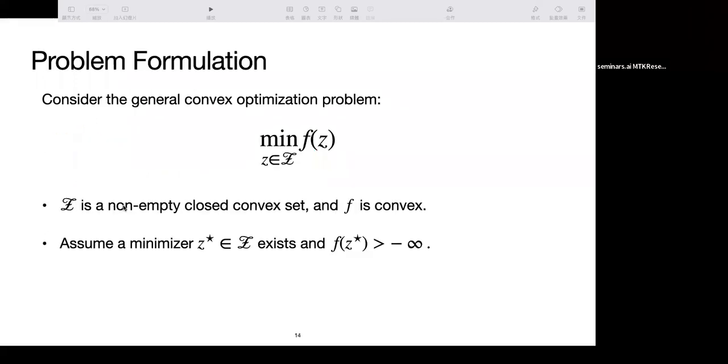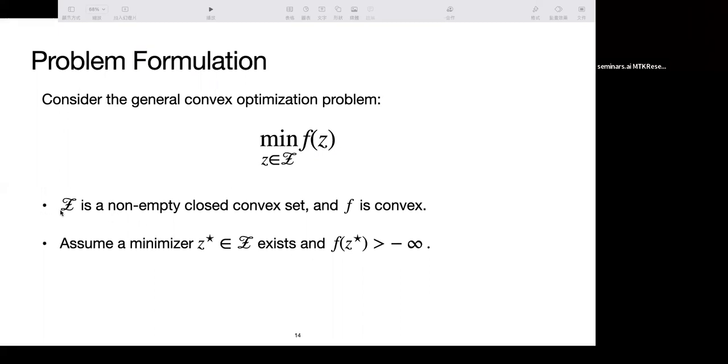Okay, let's go to our problem formulations. We consider the following general convex optimization problem, where the set capital C is a nonempty closed convex set, and the objective function f is convex. And we assume that there exists a minimizer, and the minimum value is finite.